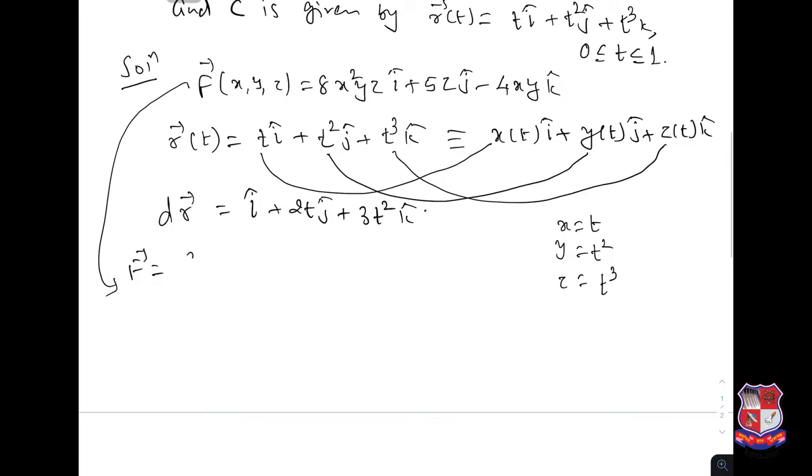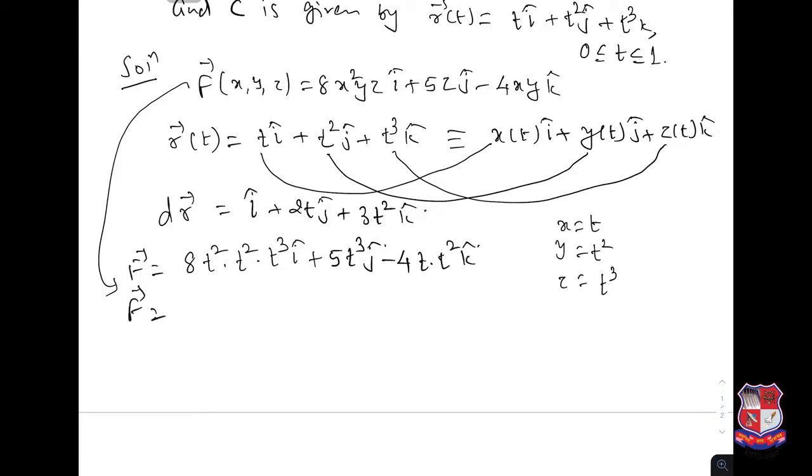So f is 8 times t square, t square, t cube i caret plus 5z j, so 5 z is t cube j, minus 4 x is t, y is t square k.